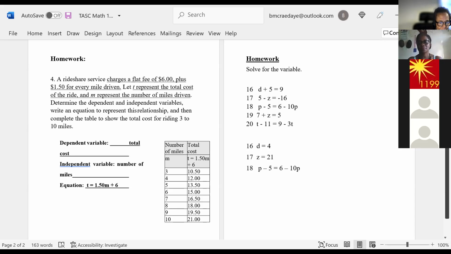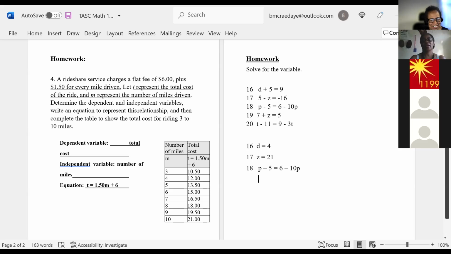Yes, you put the like terms together. So all your P's you put together, and then your constants 5 and 6 you put together. So how did you do that? For me, I don't say I shift because I know Miss Bobby uses math language. Yes, add, subtract, multiply, divide. So what did you do?